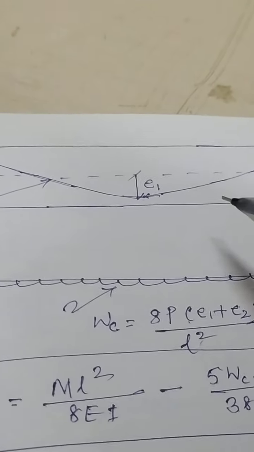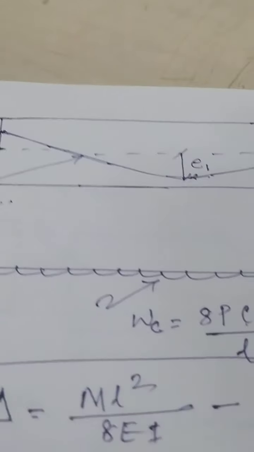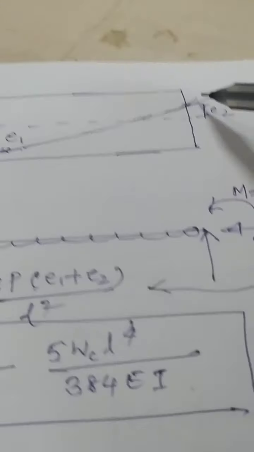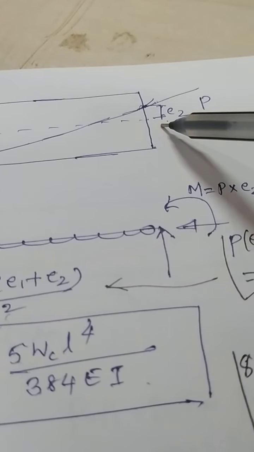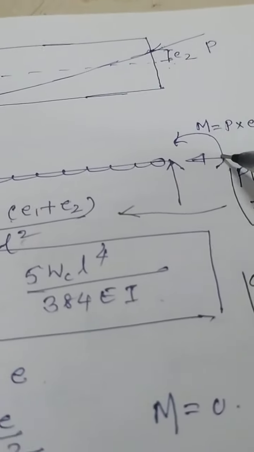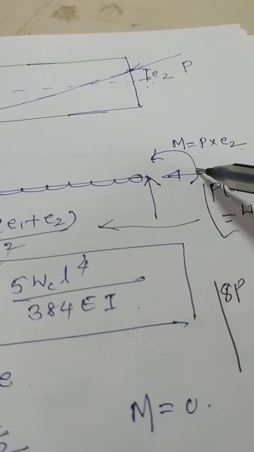Next, this is another cable profile. This is a parabolic or curved profile. Here eccentricity at the ends is e2. Once eccentricity is there at ends, then again moment is there, as in the last case.